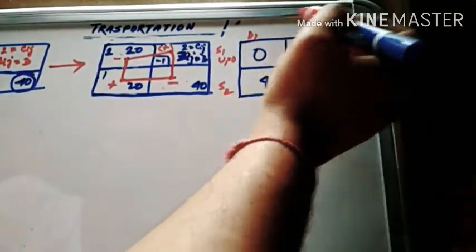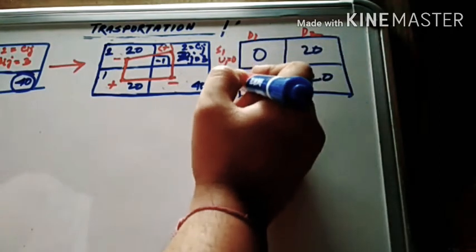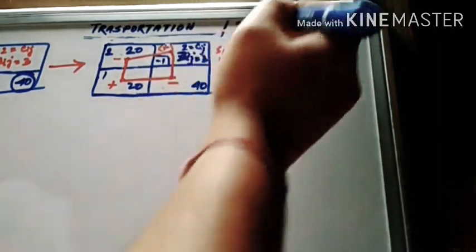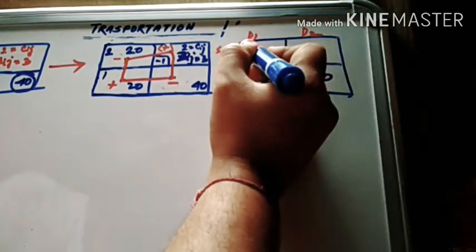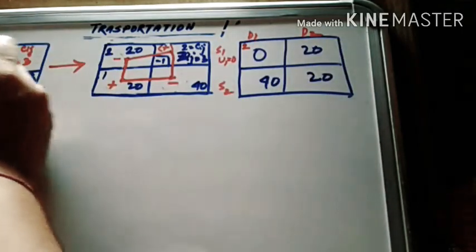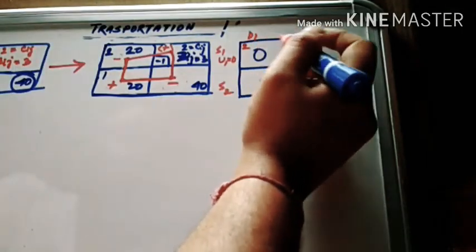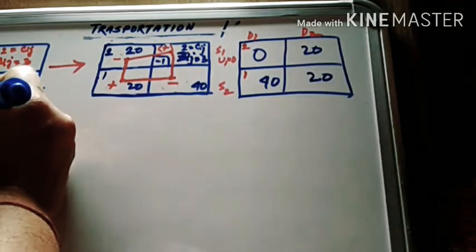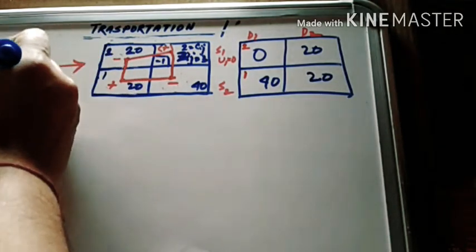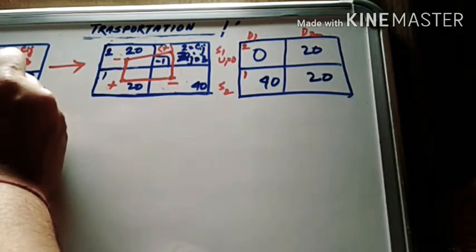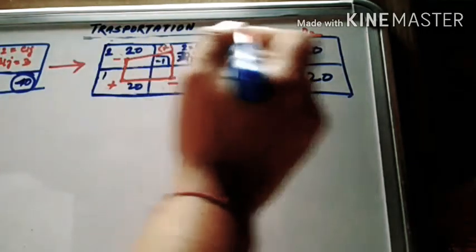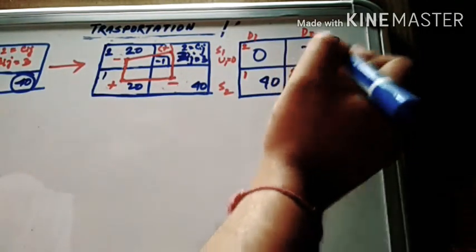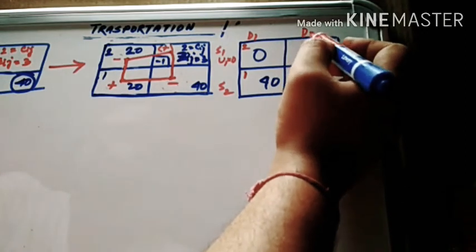Then again you can easily calculate: this cell has the value 2 already given over here, and this one is given as 1 already, and this one is 2 also, and this one is 2 also, from the previous tables.